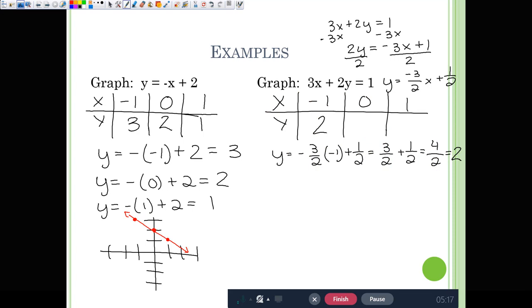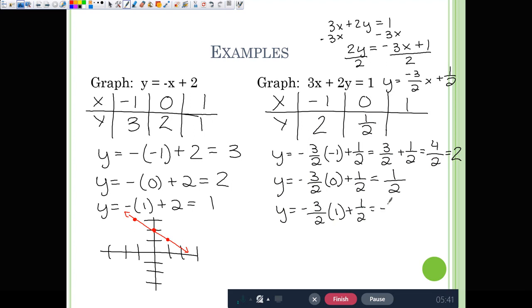So now I'm going to substitute in 0. So y equals negative 3 over 2 times 0. Anything times 0 is 0, so this is going to just be 1/2. And I'm going to substitute in 1 for x. So I'm going to get negative 3 over 2 plus 1/2, which will be negative 2 over 2, which is negative 1.